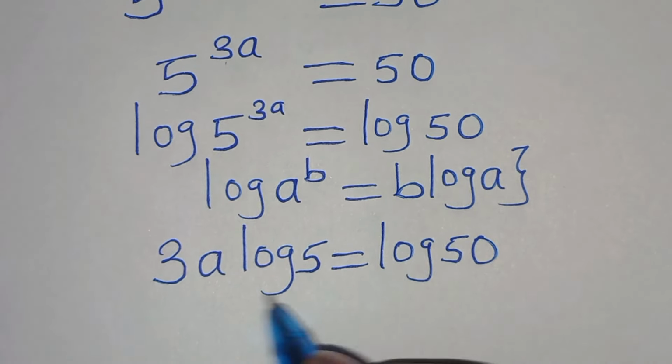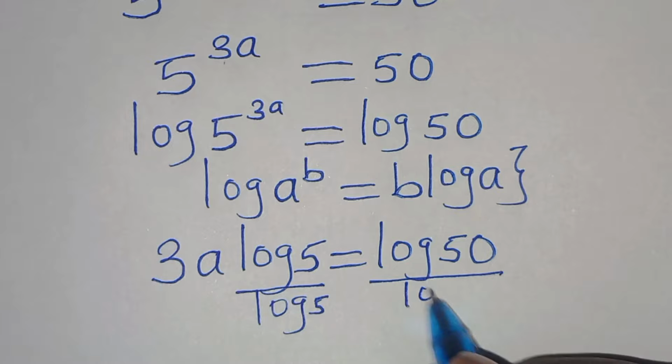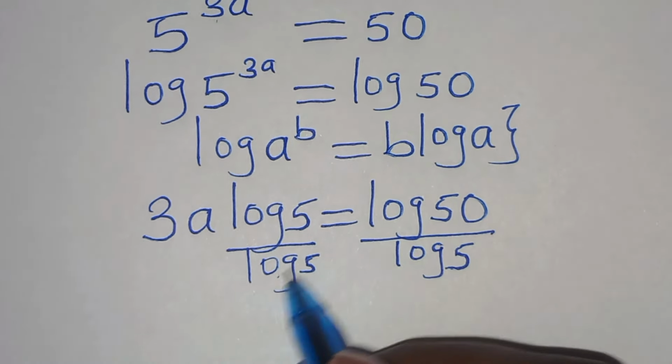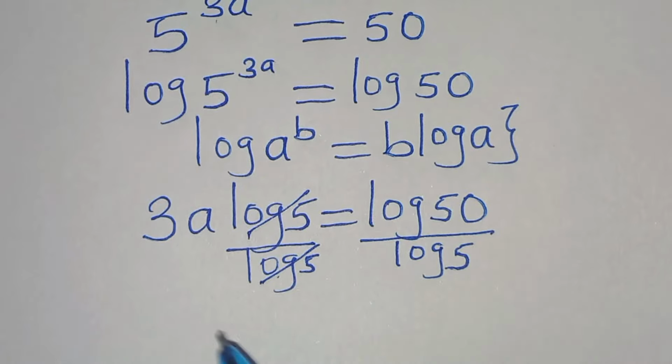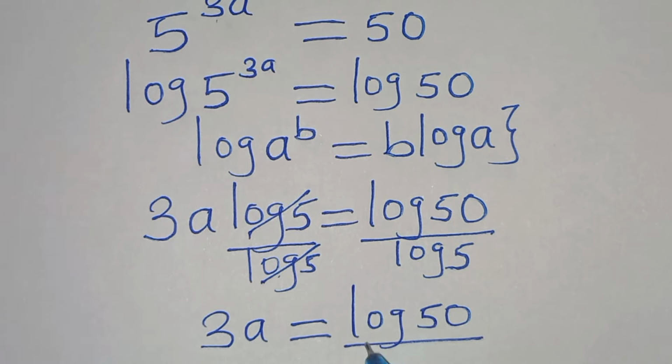So let's divide both sides by log 5. Let's simplify log 5 and log 5 here, so that 3a is equal to log 50 divided by log 5.